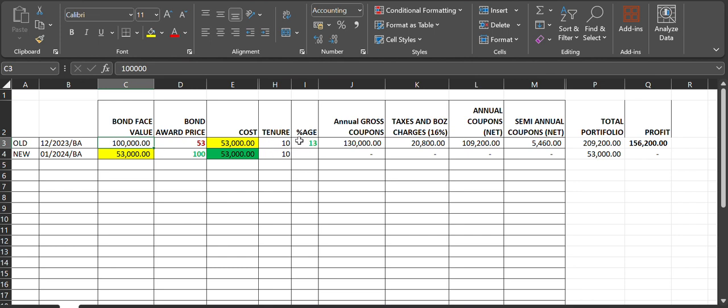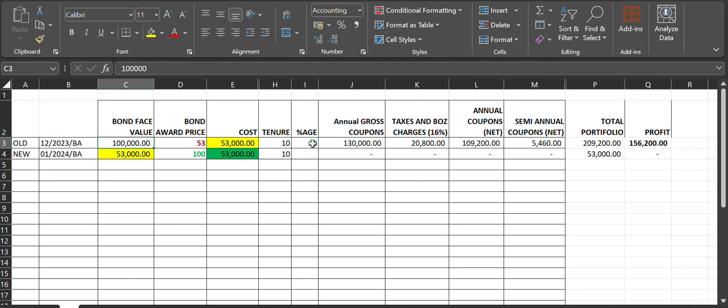But every year for the next 10 years, the Bank of Zambia would credit you with 13% of the bond face value, less taxes and a 1% administrative fee.